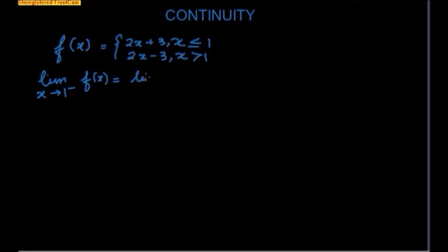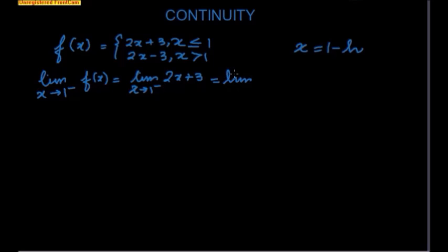When x is less than 1, from the question the function is 2x plus 3. X is less than 1, so that means we can write x as 1 minus h, where h is a very small number which takes x to be less than 1.